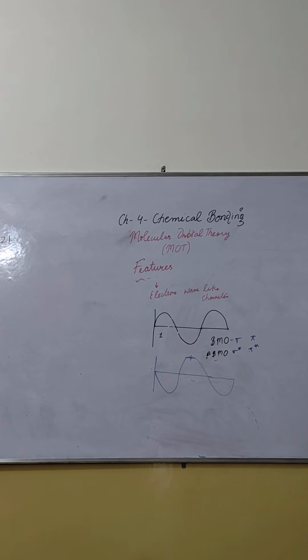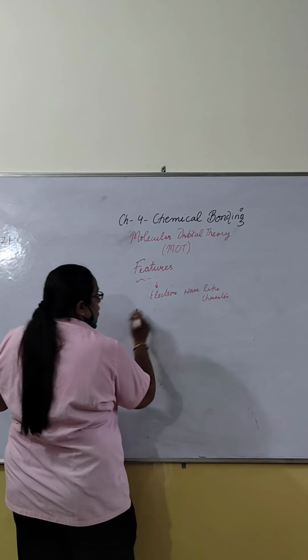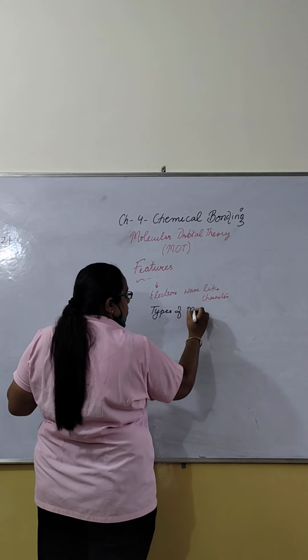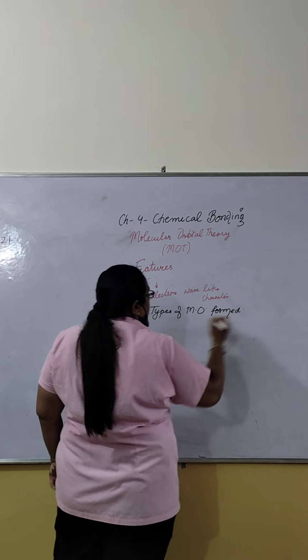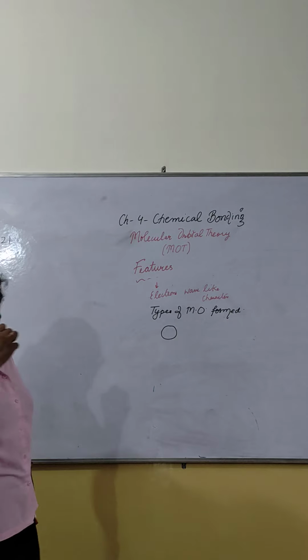Types of molecular orbital forms. Suppose 1s. The shape of the 1s orbital is spherical.